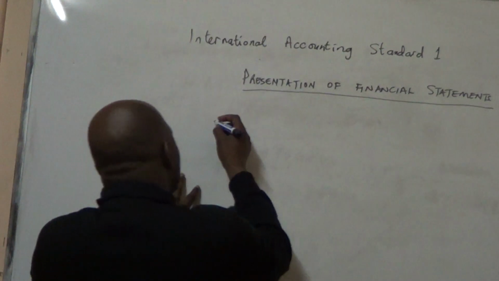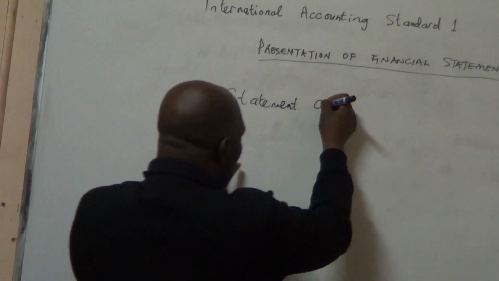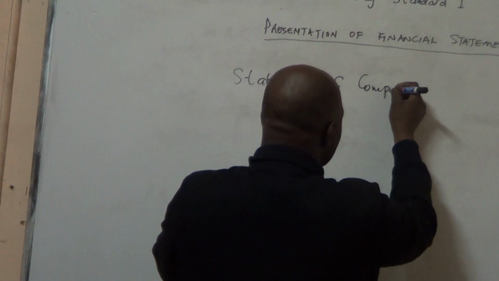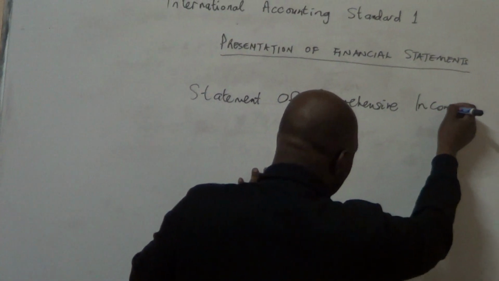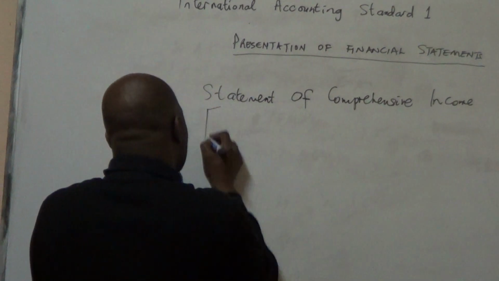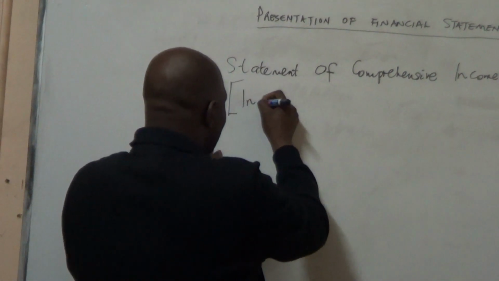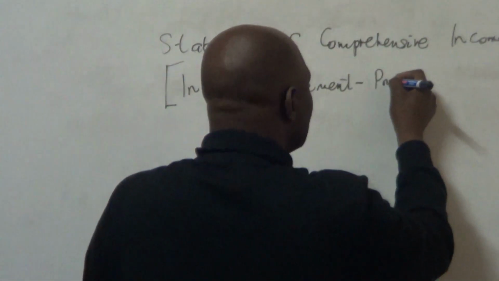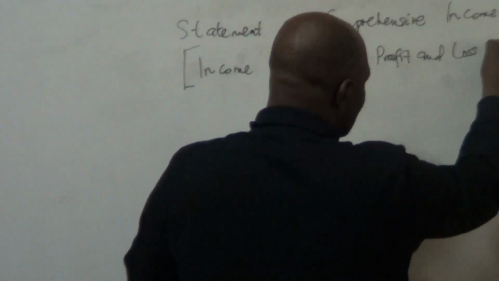You should prepare a statement of comprehensive income, which we sometimes call the income statement or the profit and loss account.